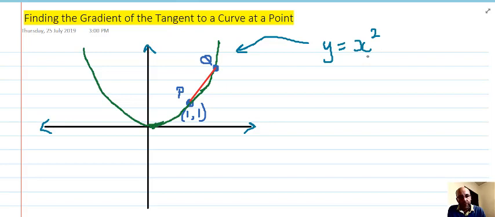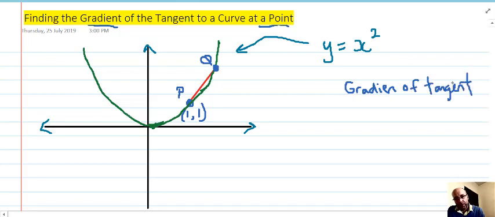From our previous work, we know that as Q starts to approach P, we get a better and better estimate for the gradient at point P. And to find that, we need to find the gradient of the tangent at P, which links to our previous work as well.